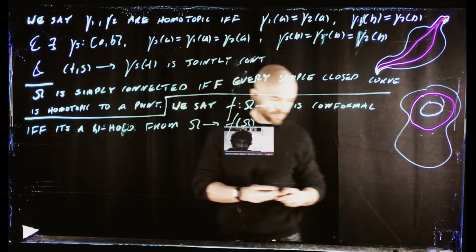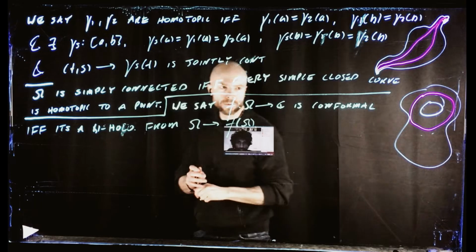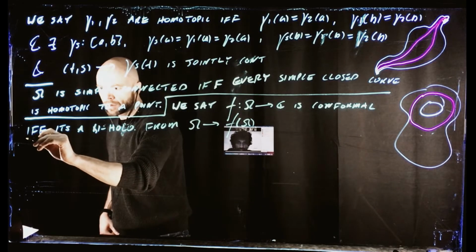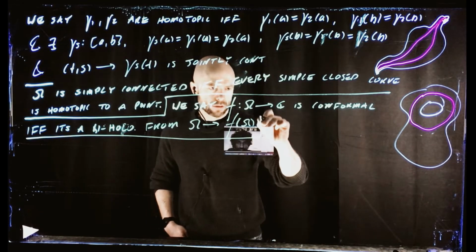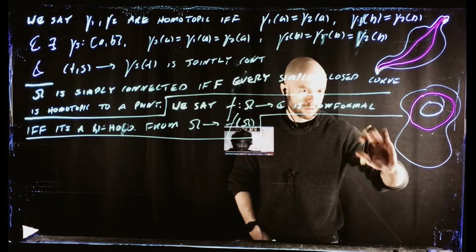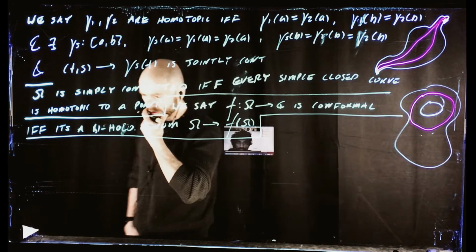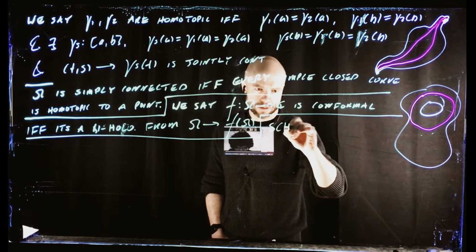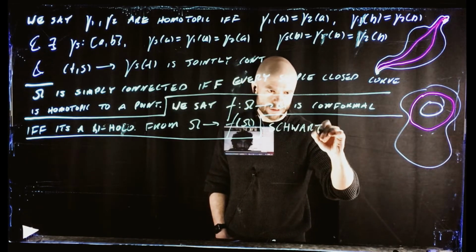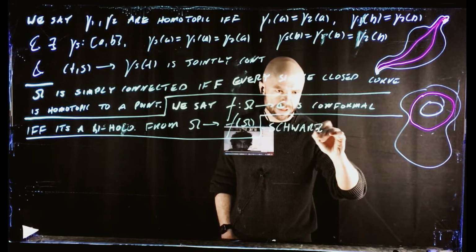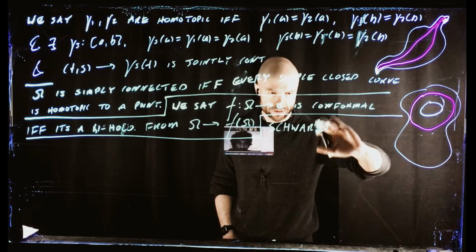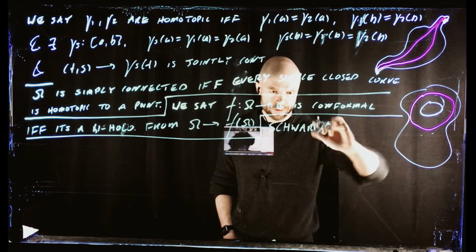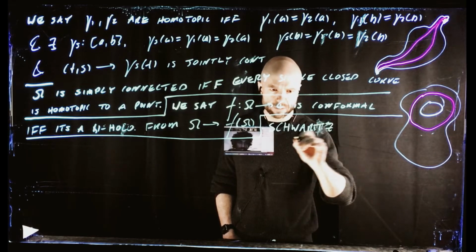Like this. And we need a bit of background on Schwarz's lemma. I don't know how to spell this, something like this or the reverse, maybe it's TZ, maybe it's just Z, whatever.